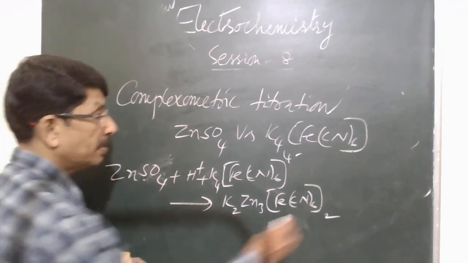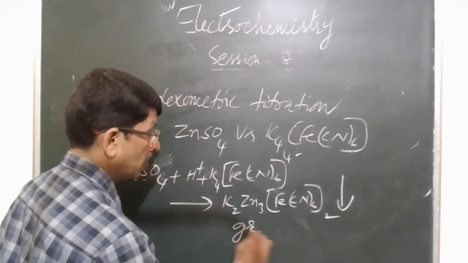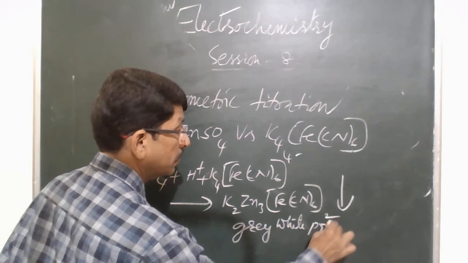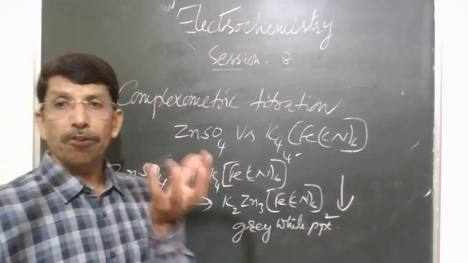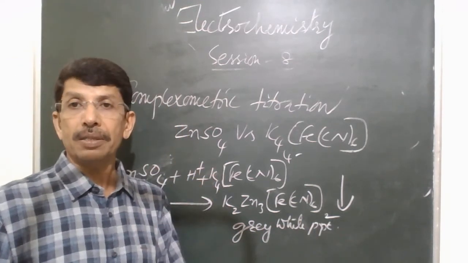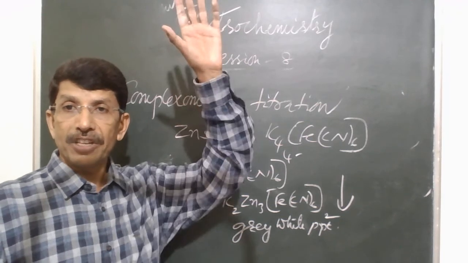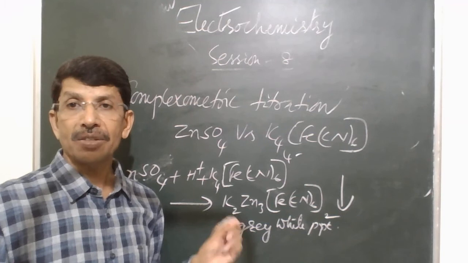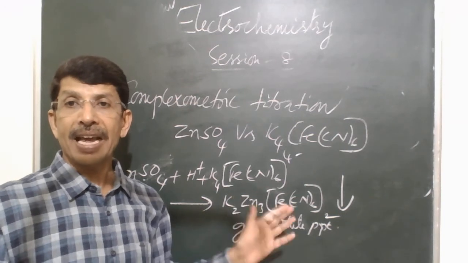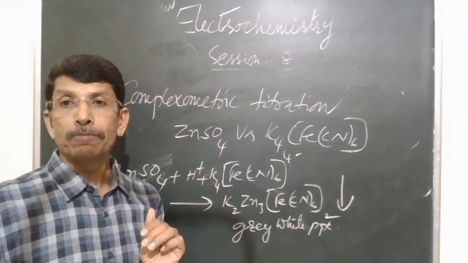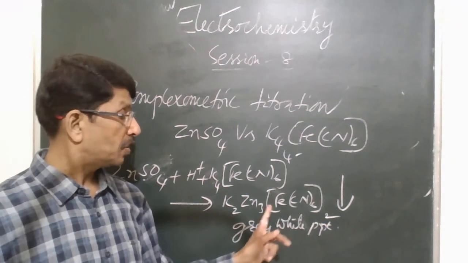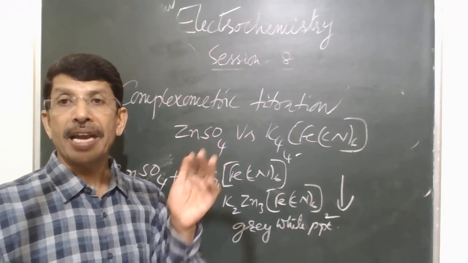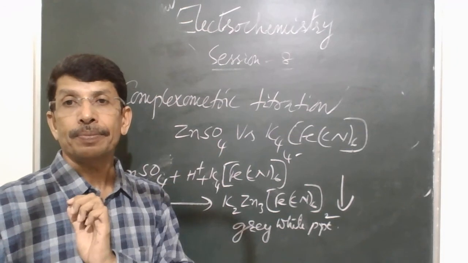This is a precipitate, a gray-white precipitate. If you take ferrocyanide ions in the beaker and zinc sulfate solution in the burette and add zinc sulfate to the ferrocyanide ion solution, ferrocyanide ions are precipitated as this complex and the concentration of ferrocyanide ion goes on decreasing.